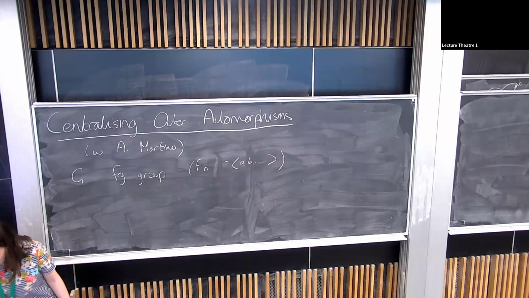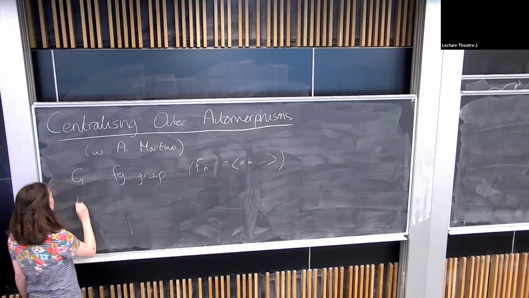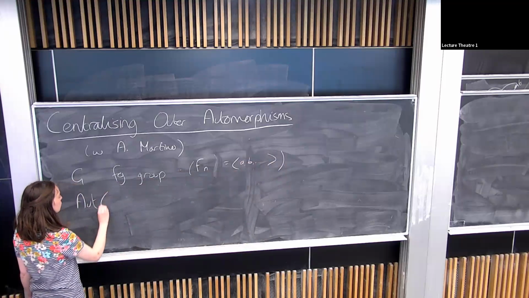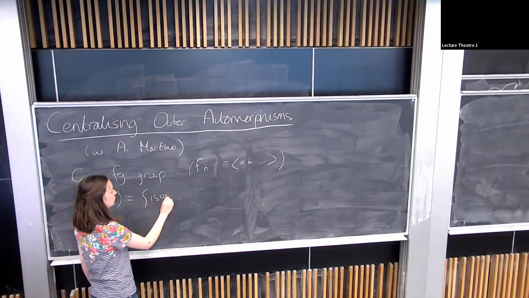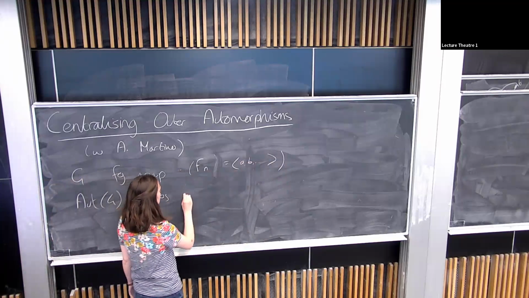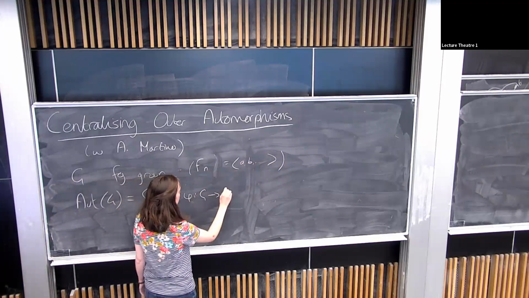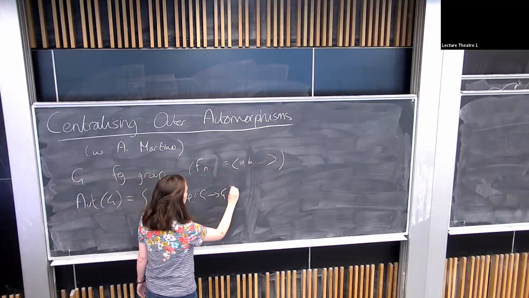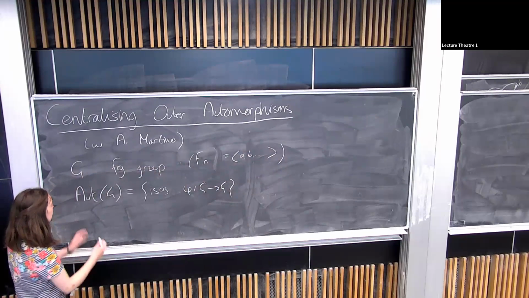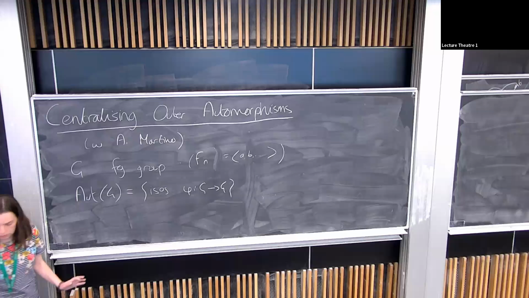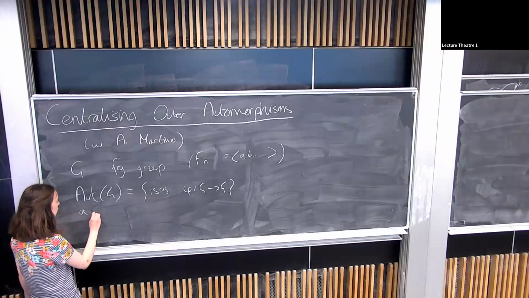And then I like to think about the automorphism group, which, for the sake of making sure all the definitions have been written down, is the set of isomorphisms from G to itself under composition.